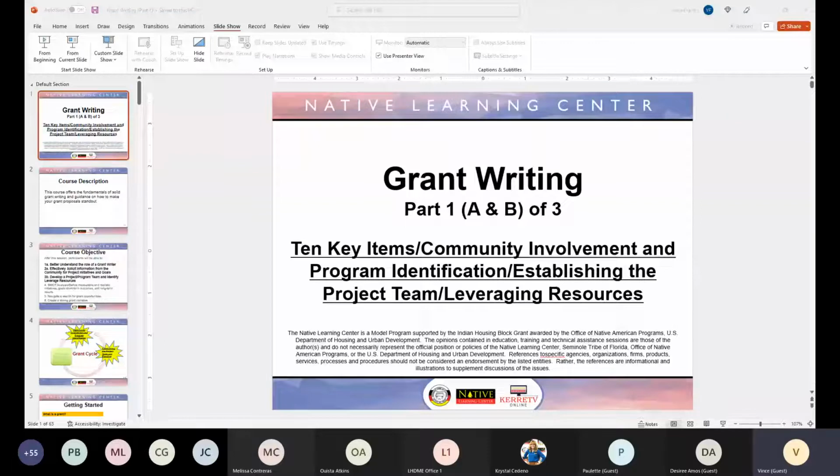It's impossible for you to describe the needs, which is what a funder is going to be looking for, to be able to understand what your needs are. It's also going to be impossible for you to describe how you're going to accomplish those needs and how you're going to do it methodically if you don't understand the fundamentals of how to get there in the first place.